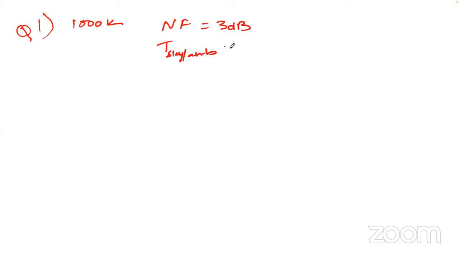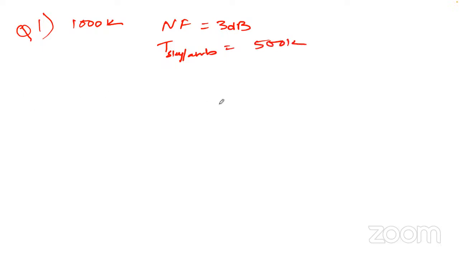So there was a doubt in, I believe, question 1 of assignment 9, if I remember correctly. The correct answer is 1000 Kelvin. The question was to find the effective noise temperature given the NF of around 3 dB with sky or ambient temperature T sky of around 500 Kelvin.